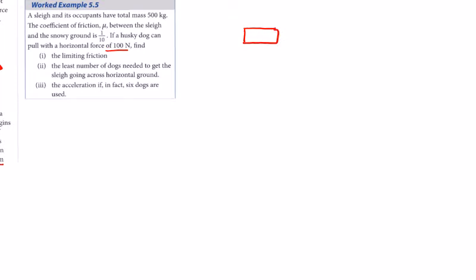Here's my sleigh, here's my friction, here's my reaction, mg in this case, 500g. And I have the huskies pulling the sleigh in this direction, and we'll call T the tension on the rope. So we're told that mu is equal to 1/10. This is what we're given.